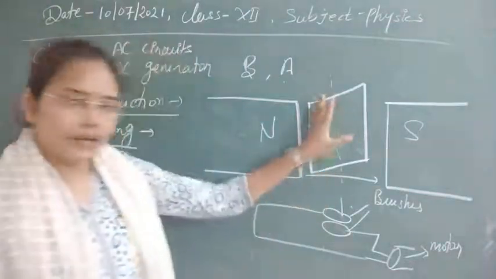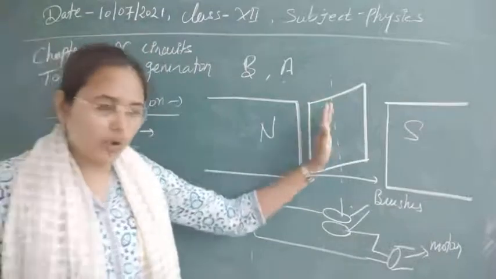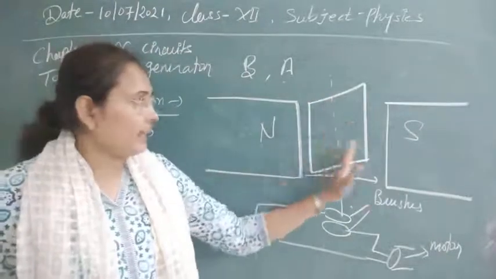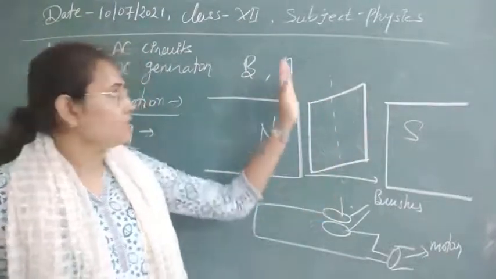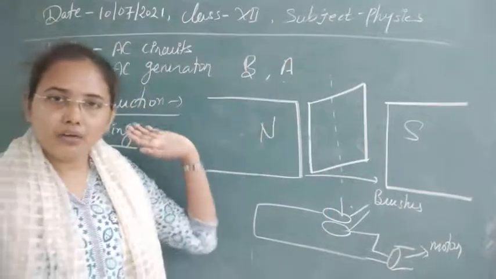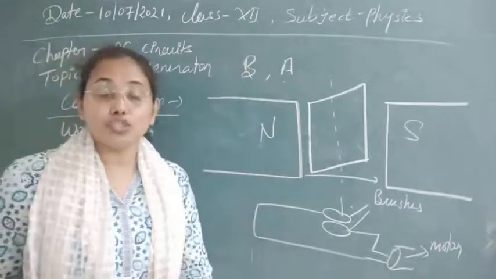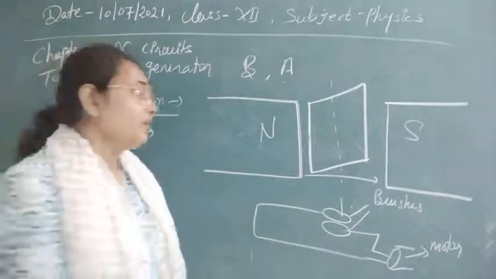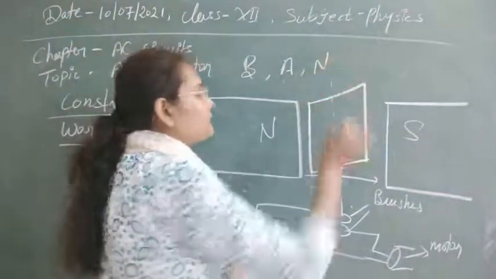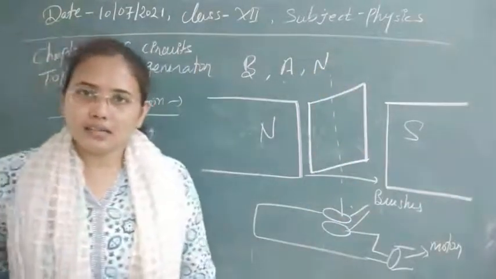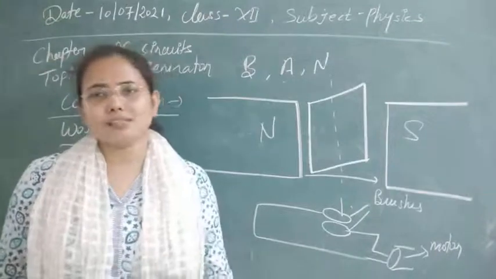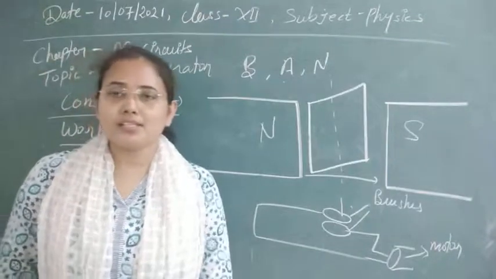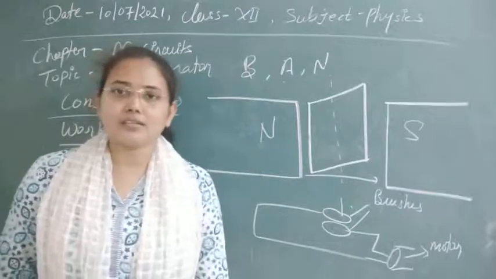But a maintained number of turns you can use here, and the area of this coil is now fixed. So these two things are fixed. One more thing is fixed: the number of turns. So these three things we have kept fixed. Now the next term that can change the flux is orientation.